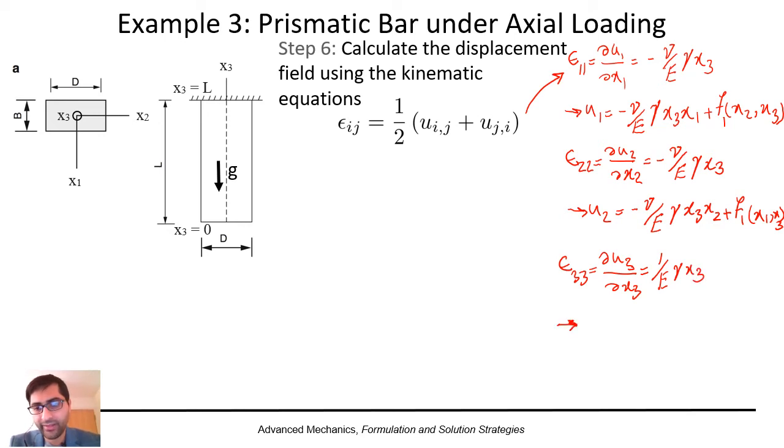So integrating that with respect to x3, we get u3 equal to 1 divided by 2E gamma x3 to the power of 2, plus a constant which can be a function of x1 and x2.